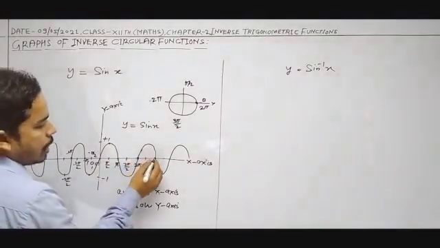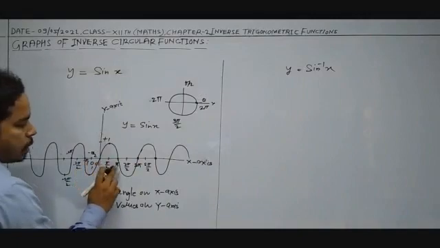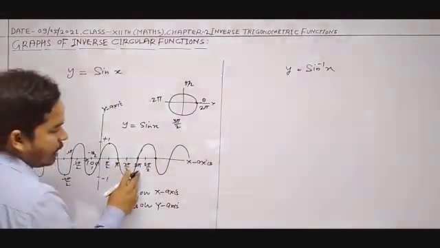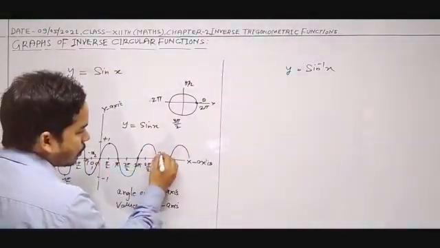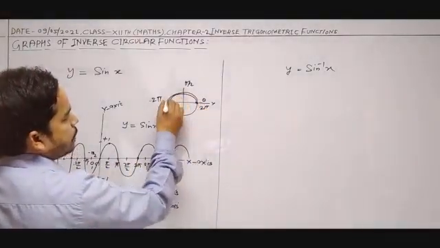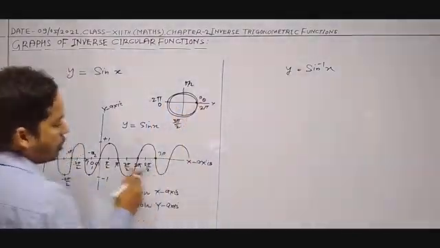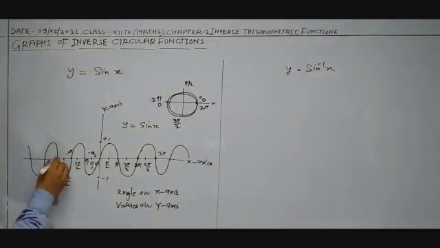Next 3 pi value is 0, next 4 pi value is 0. So this is the graph of sin x.